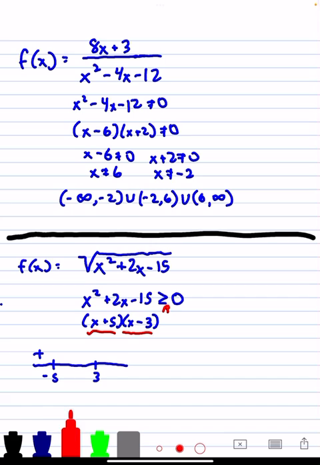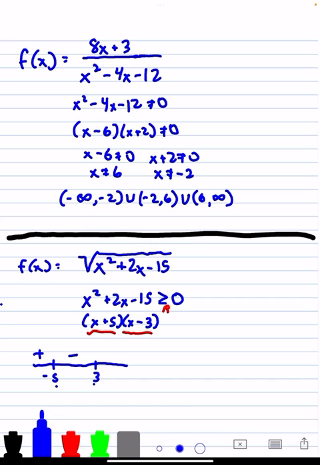Let's look at any number between negative 5 and 3. Let's choose something simple. Let's choose 0. 0 plus 5 is 5. 0 minus 3 is negative 3. Positive times negative would give us a negative.